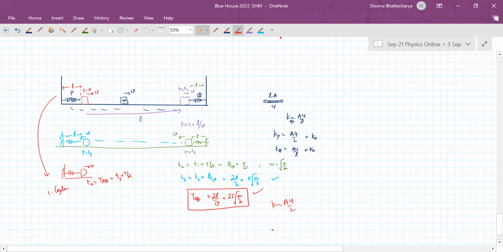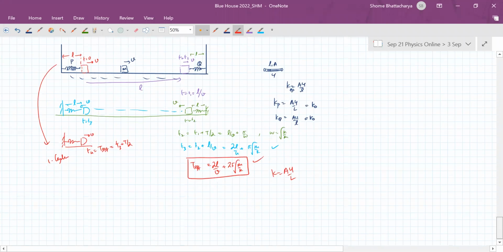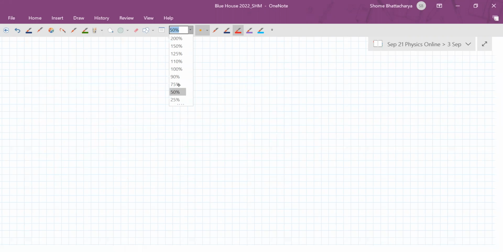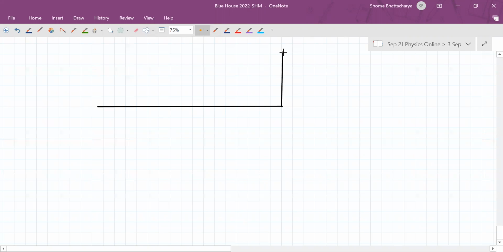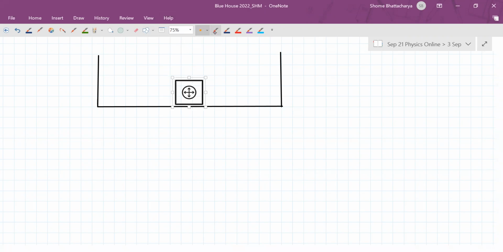Okay, now let's come to the next one. So just make the diagram. Now it says that we have a block of mass M kept on a smooth surface and touching two springs.